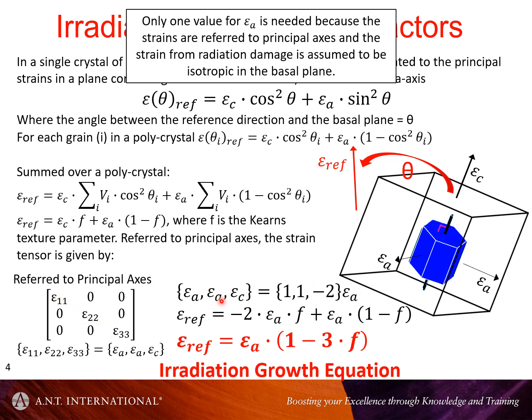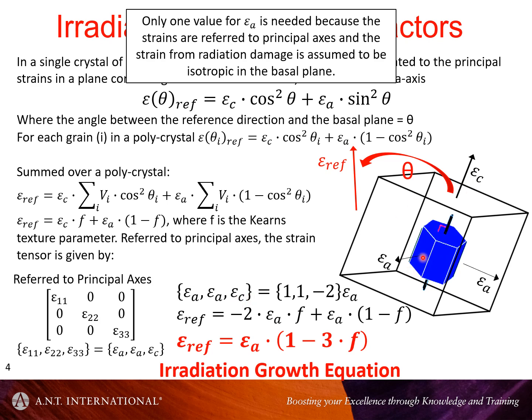In the other a-axis, and I've drawn them as orthogonal here, as opposed to the hexagonal symmetry, that's because tensors are described in terms of an orthogonal axis system. So we have 1, 1, and -2.